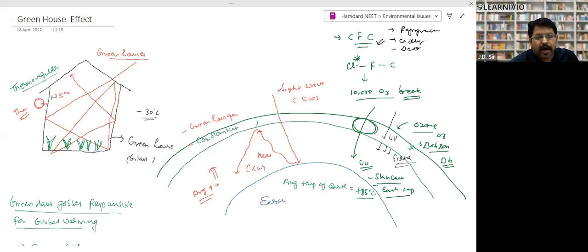The chlorine atom is highly energetic. It reacts with the ozone, breaks down the ozone layer and makes a hole, due to which ultraviolet rays come inside and increase global warming. This process of making the hole is called ozone depletion.